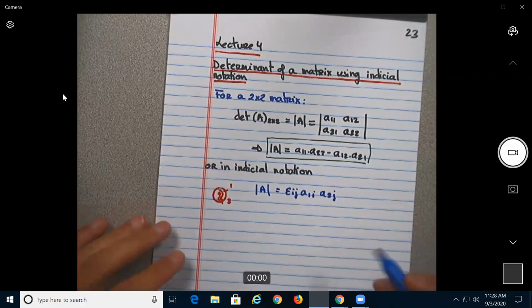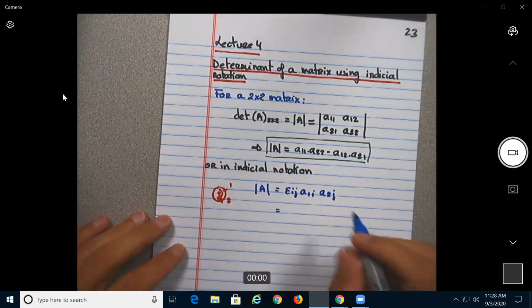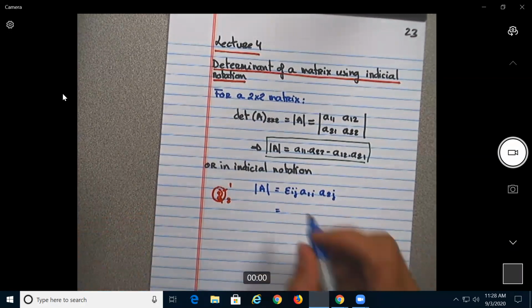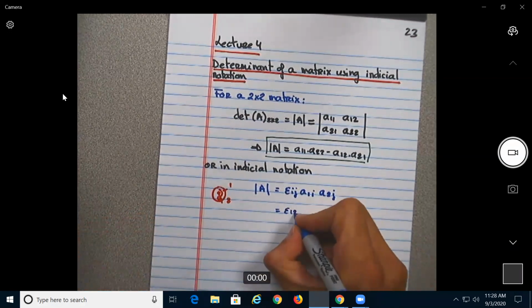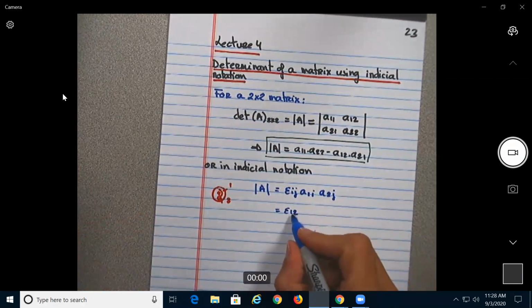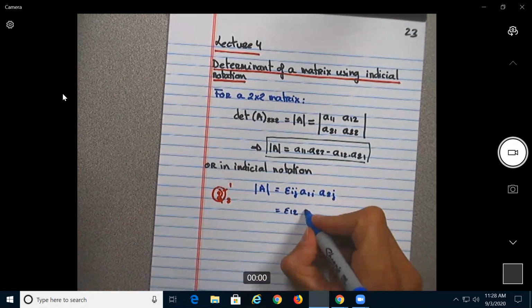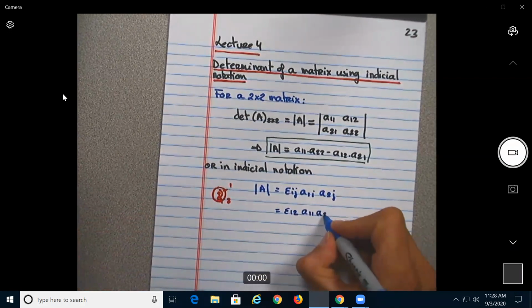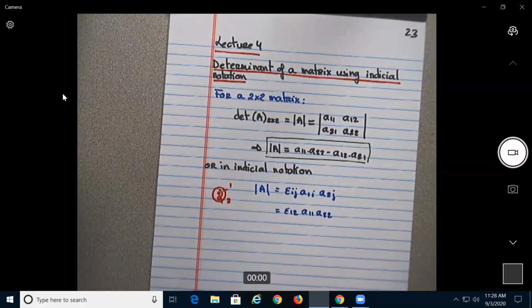all right? So if we do the calculation here, let's say you put epsilon first, 1, 2, what will you have? i is 1, j is 2, so you'll have A of 1, 1, A 2, 2, okay?